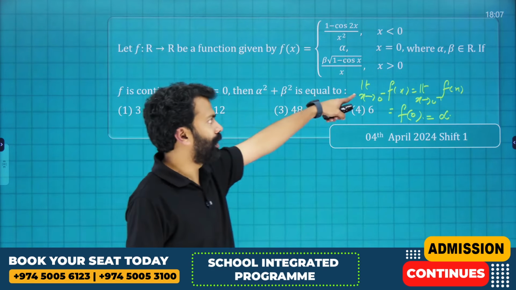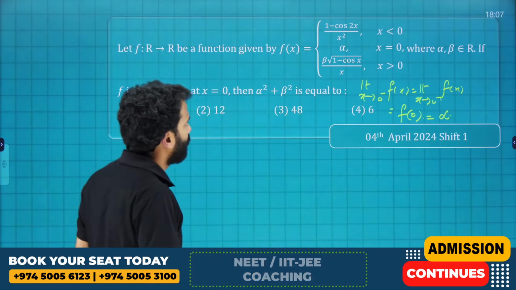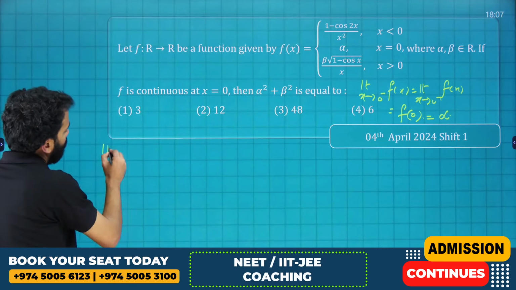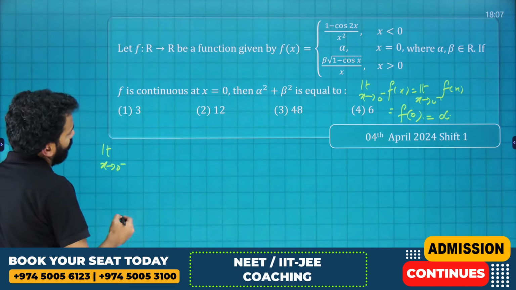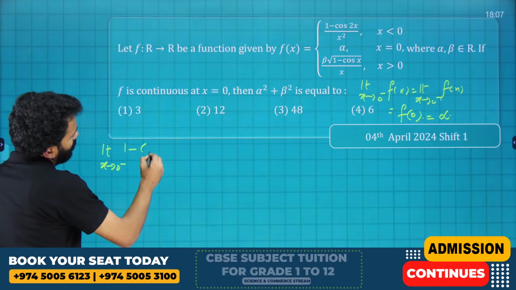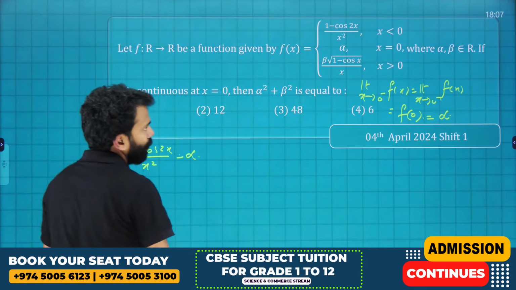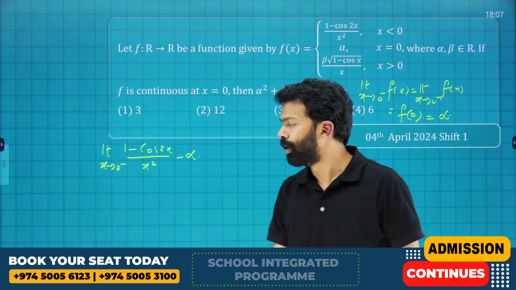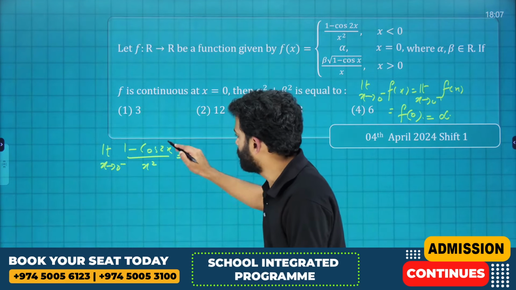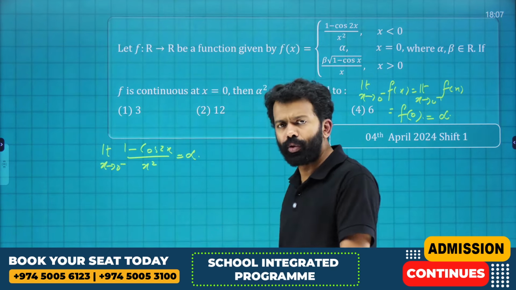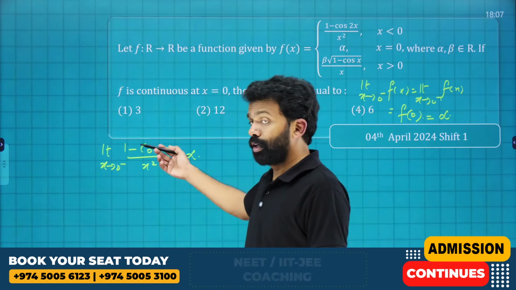We can formulate the left hand limit, which is equal to alpha, first. That is, the left hand limit will be limit x tends to 0 minus 1 minus cos 2x by x square, that is equal to alpha. How are you going to formulate this one? As in limits, we can formulate this either using L'Hospital rule or using techniques of trigonometric limits.